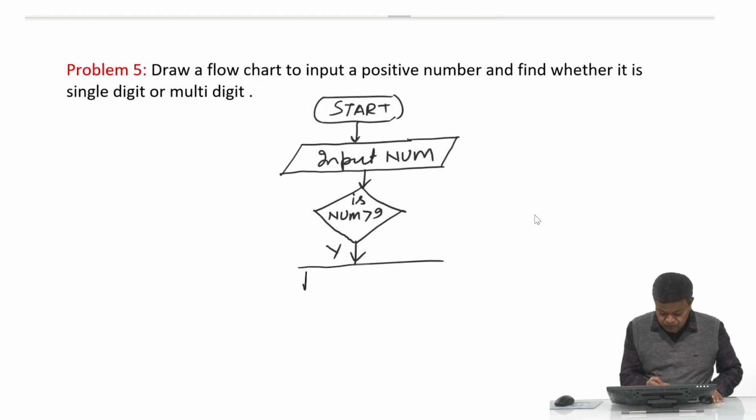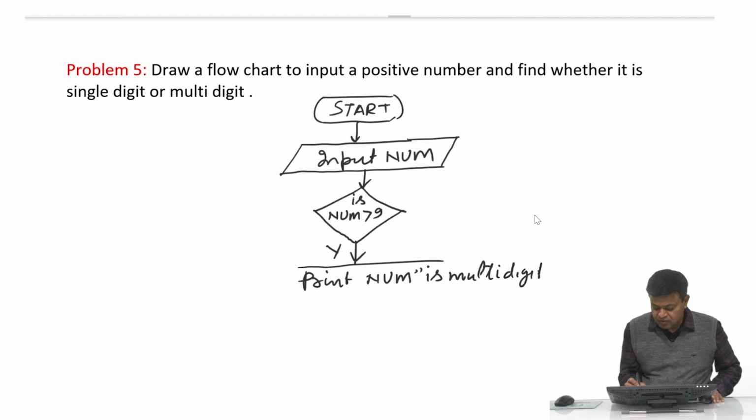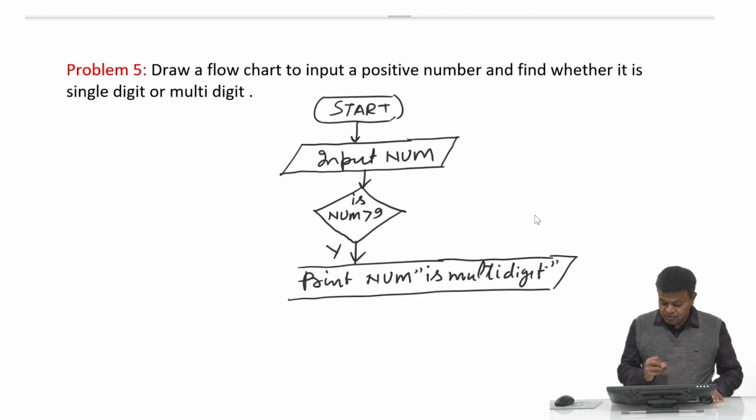So, what I will do? I will print here, print NUM. So, value of this number will be printed, is multi digit. Okay. So, if NUM is greater than 9, then I am writing that NUM is multi digit.